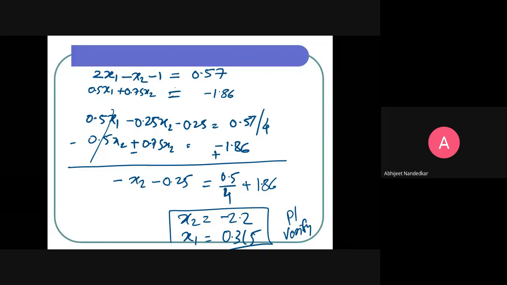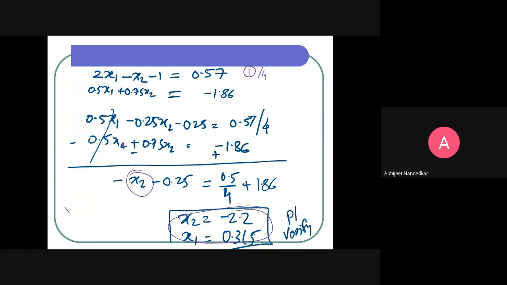You can take these two equations and do the arrangement as usual: divide equation 1 by 4, subtract, and you will get the answer for x2. Once you get x2, you can substitute back for x1 and you will get these two numbers.